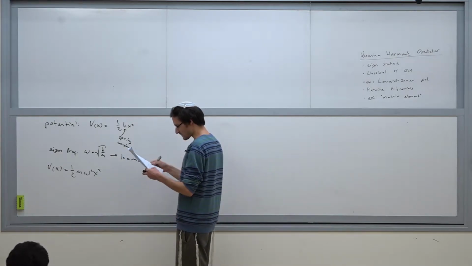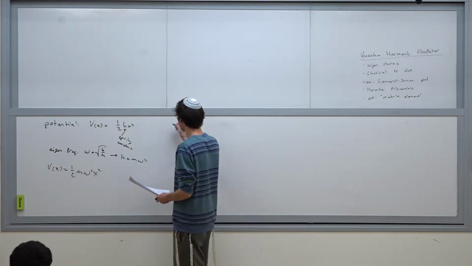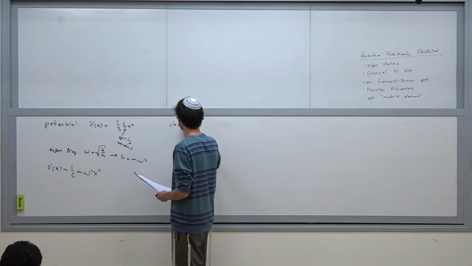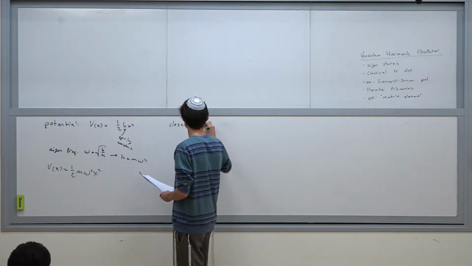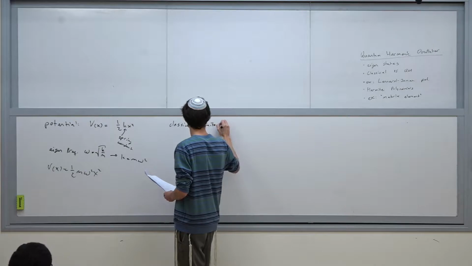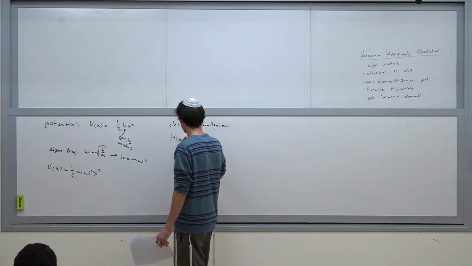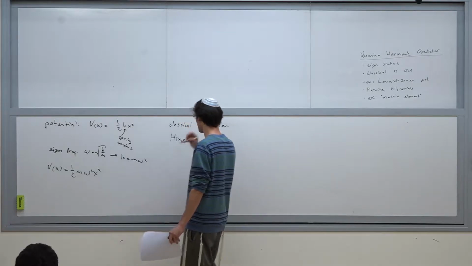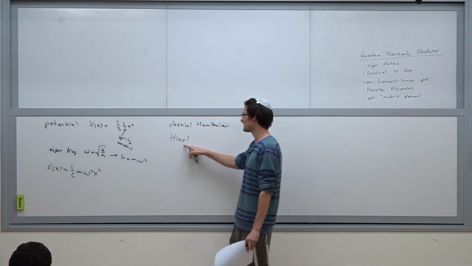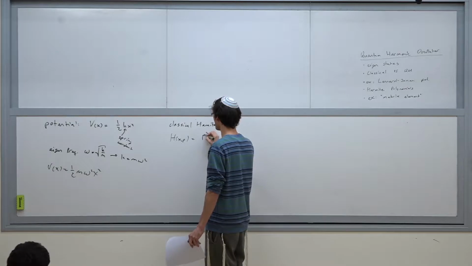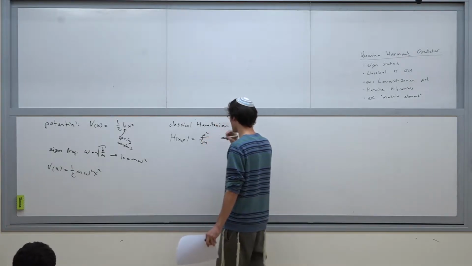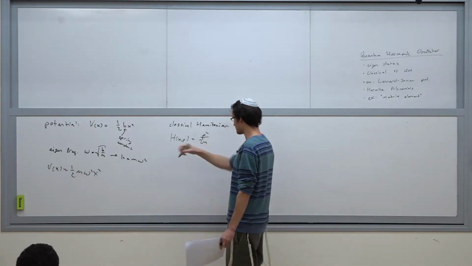Okay, that means that we can now write down the Hamiltonian. So the classical Hamiltonian, remember, it's just the sum of the potential and the kinetic energy in terms of x and p. So it's the kinetic term p squared over 2m plus this potential.